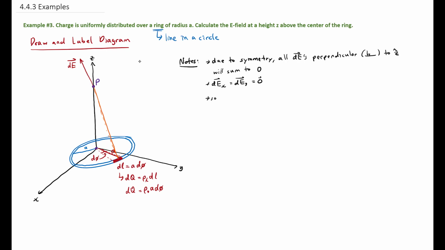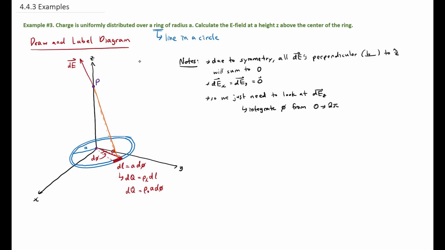So we just need to look at dEz. And considering dEz, there's going to be a contribution around the entire ring, 360 degrees around it. It means that we must integrate phi from 0 to 2 pi. So that's all we know for now.